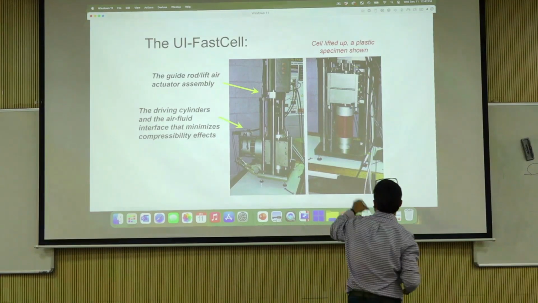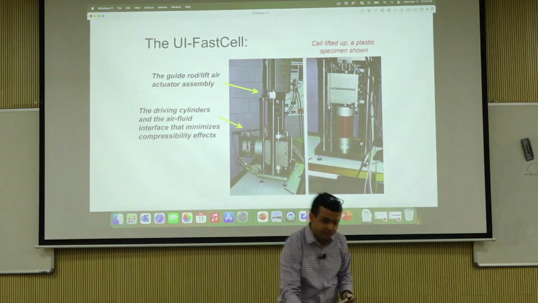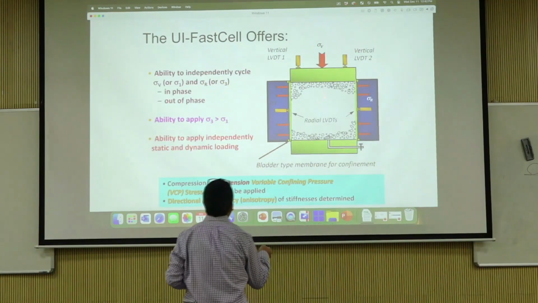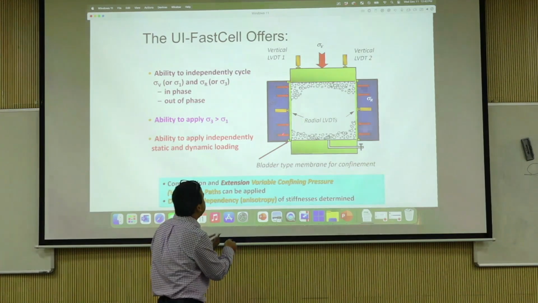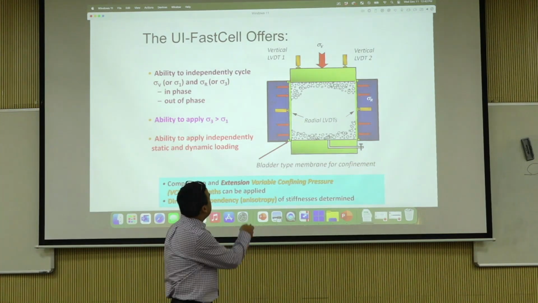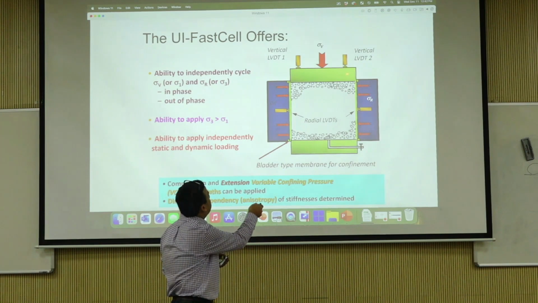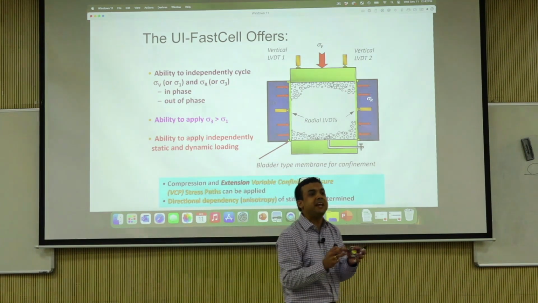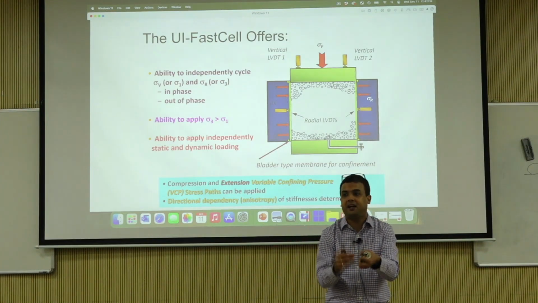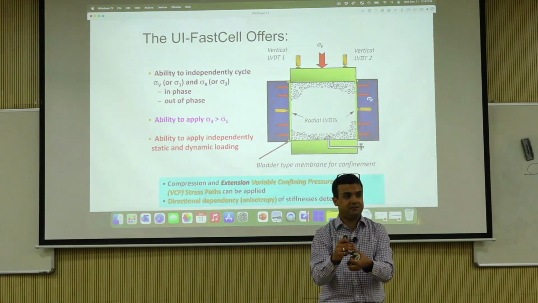So you do that, and then that basically gives you complete independent control over, look here, the sleeve, just like I did, does not extend to the top, because if it extended to the top it beats your purpose. You need to have independent control over radial and vertical directions.